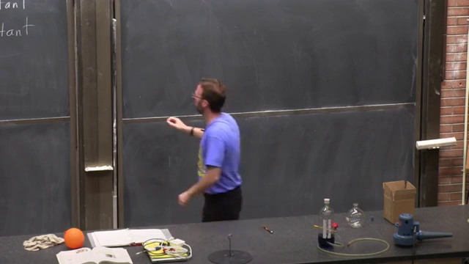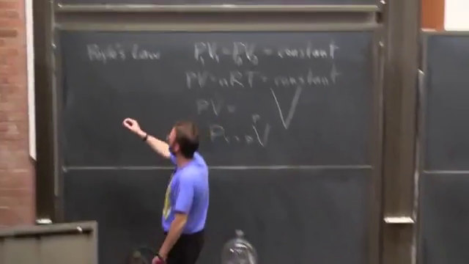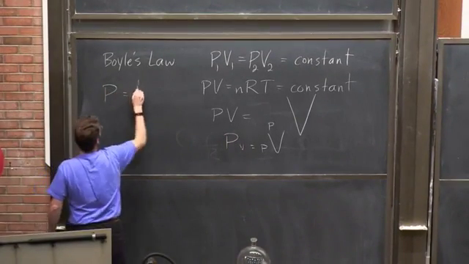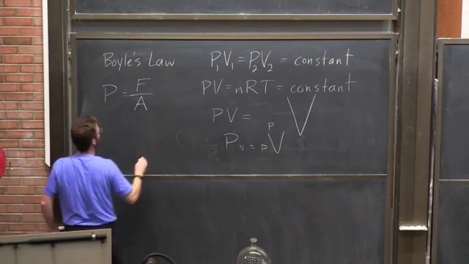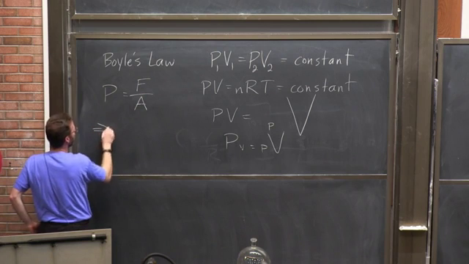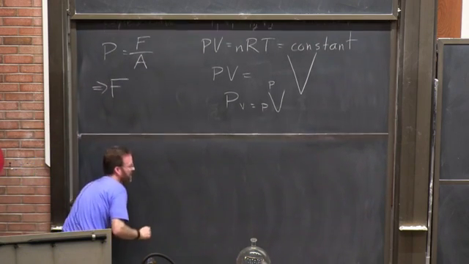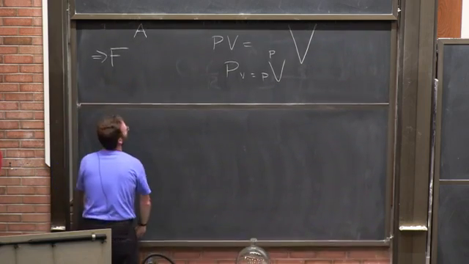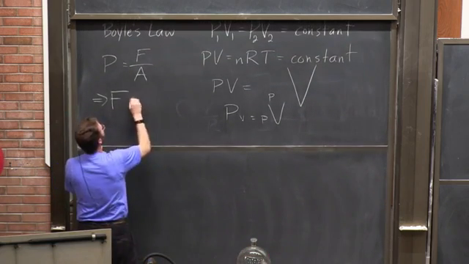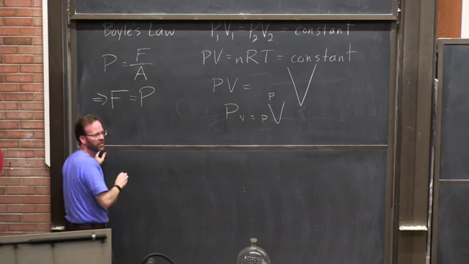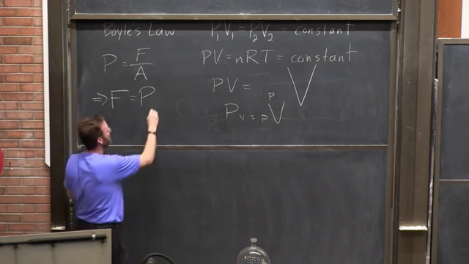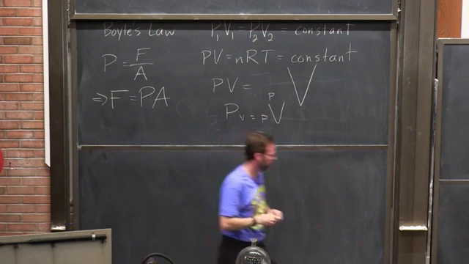But remember that pressure is force over area. So the force that you feel in the bag is that difference in pressure. Whoa, hello, come back. That difference in pressure, that gauge pressure in between, times the area. Which area?